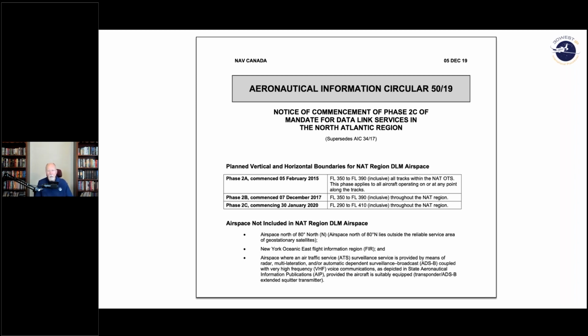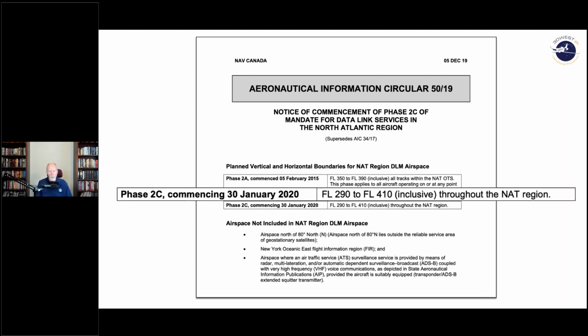Previously, this was going to be an expansion that took place on that date, and it went from 290 and above unrestricted. But on 9 July 2019, they changed that. And on 30 January, about 6 weeks from now, it will be 290 to 410 inclusive in the North Atlantic region.